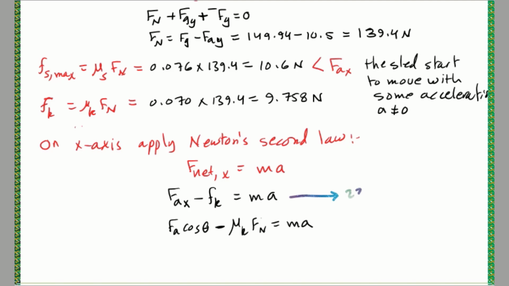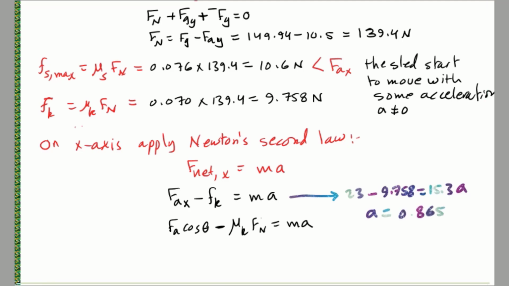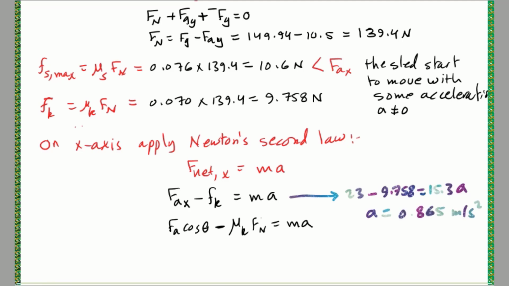Fax is 23 minus Fk, which is 9.758, equals 15.3 times a, and you will get a from here. 23 minus 9.758 divided by 15.3 is 0.865 meters per second squared.